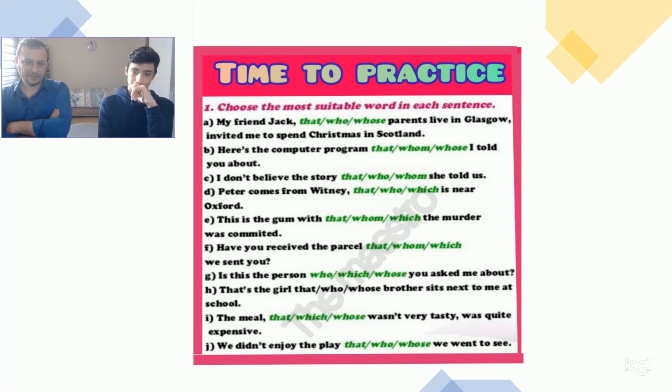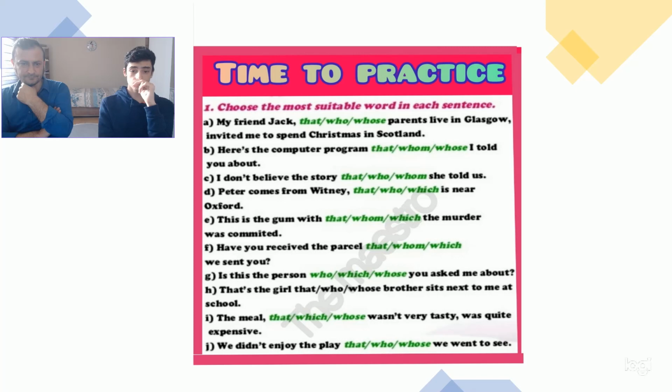So when there is a comma, we cannot use that. We cannot use who because it's not talking about Peter. It's talking about the place where he comes from. So we're gonna say which, yeah. Peter comes from Whitney, which is near Oxford.